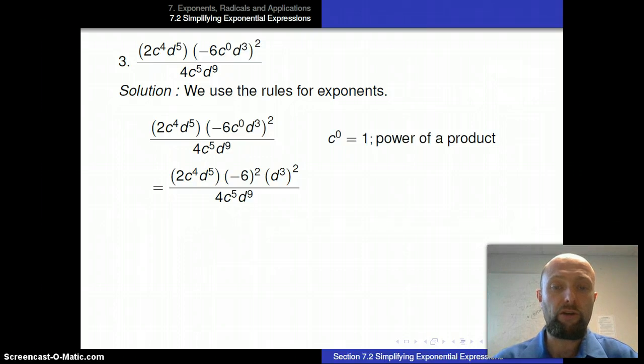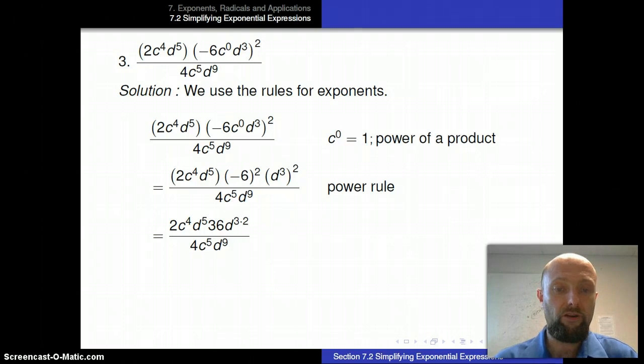For (d^3)^2, we use the power rule, which says that we have to multiply the exponents. So we get 2c^4 d^5 times 36 times d^(3 times 2) over 4 times c^5 d^9. We simplify.